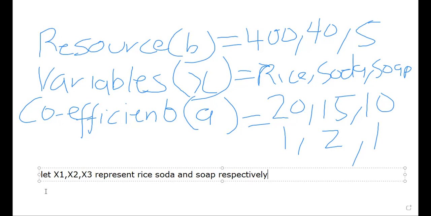Right. So now we have three resources here. So it means we will be having three equations here.